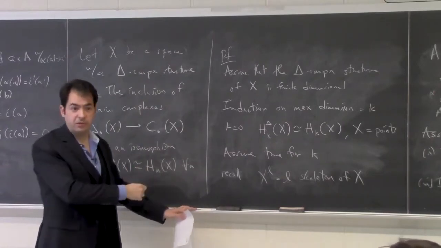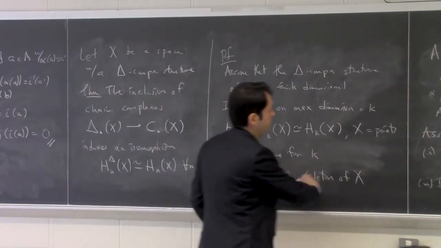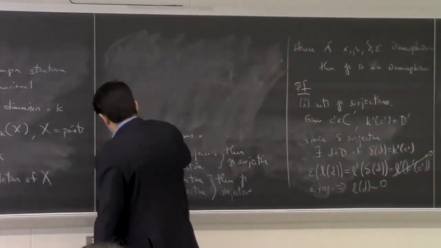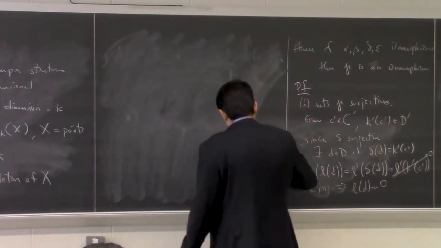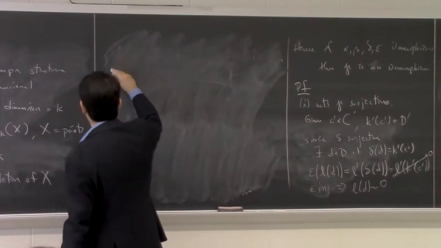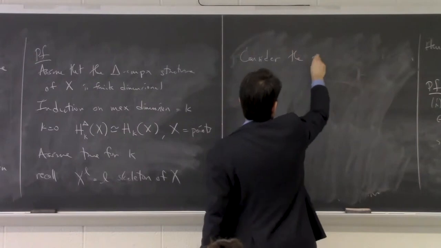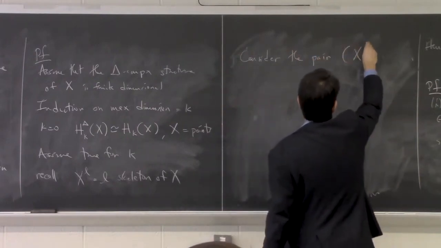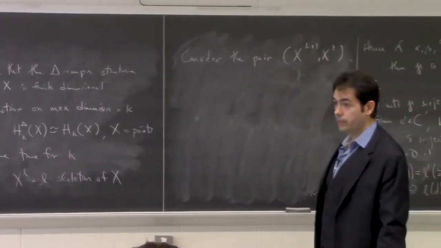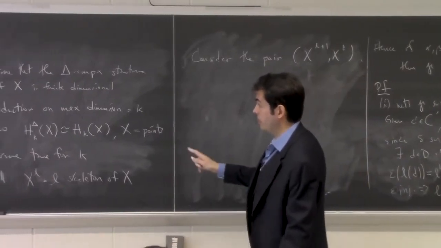So we talked about this in the more general context of a cell complex. Okay, so do we want the pair? Yeah. And consider the pair. Okay, so we get a long exact sequence in each homology.